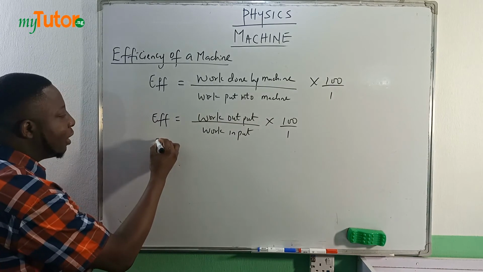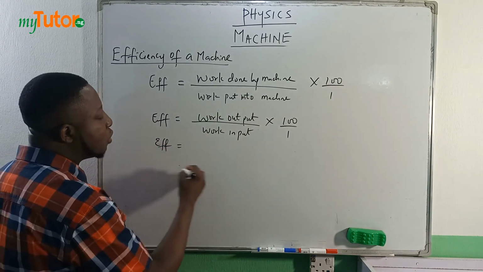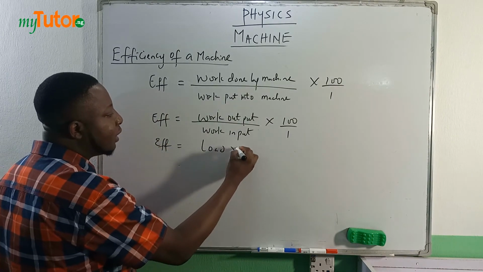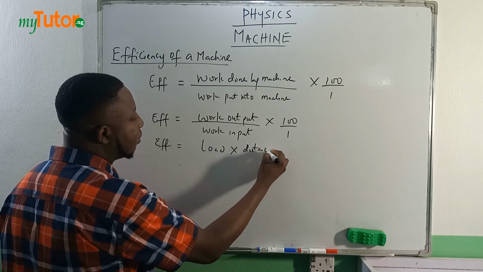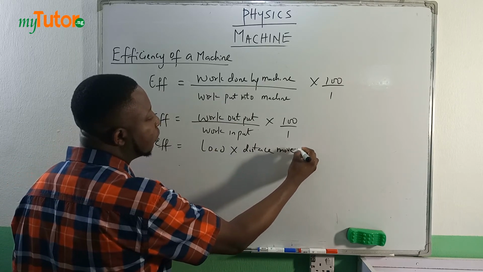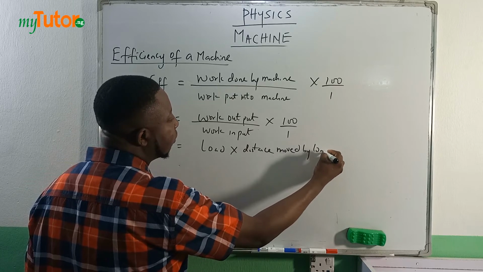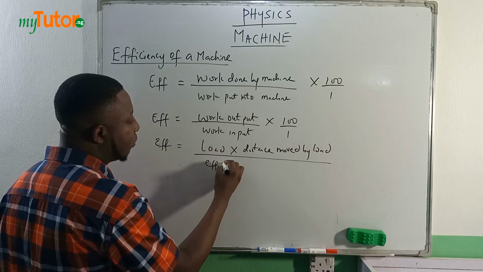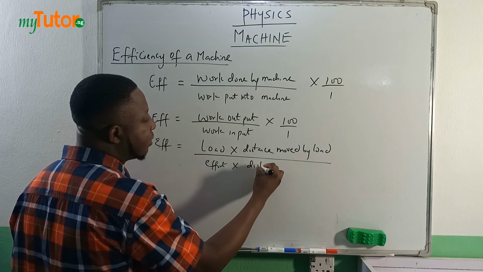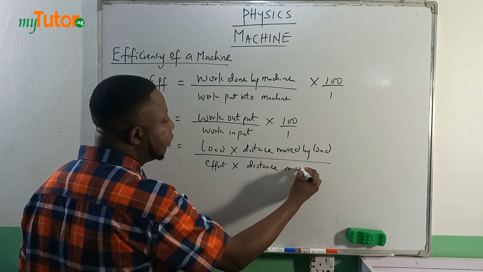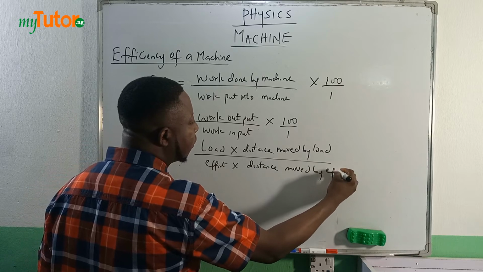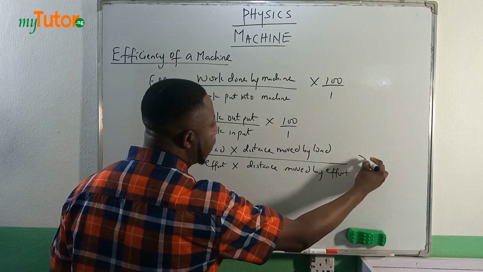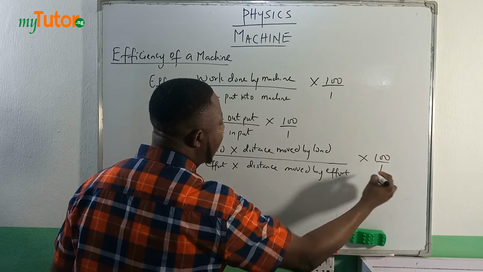Therefore, our efficiency will be equal to the load times distance moved by load divided by effort times distance moved by effort times 100 over 1.